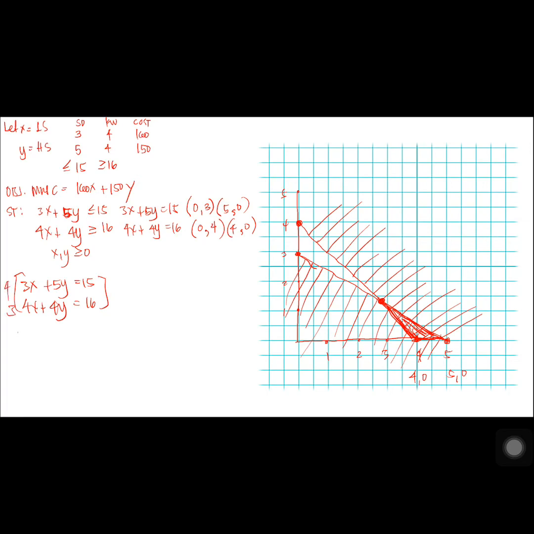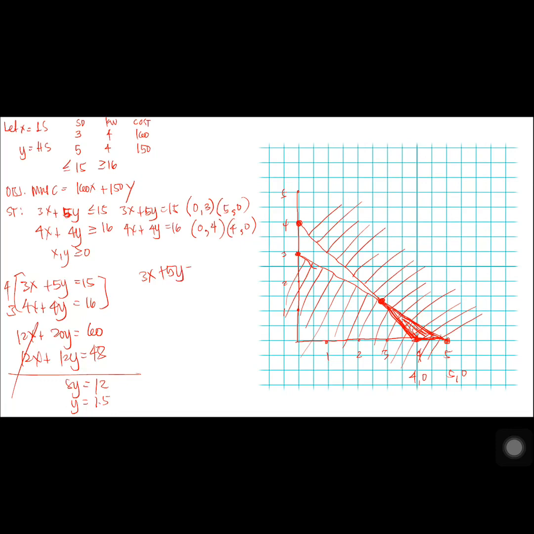We multiply by 4 and 3, so we have 12x plus 20y is equal to 60, and 12x plus 12y is equal to 48. So we have 8y is equal to 12. Y is 1.5.